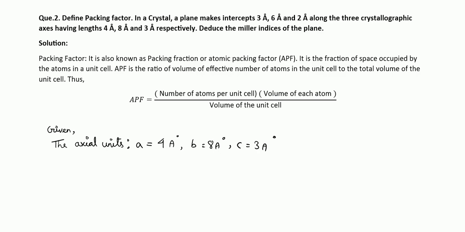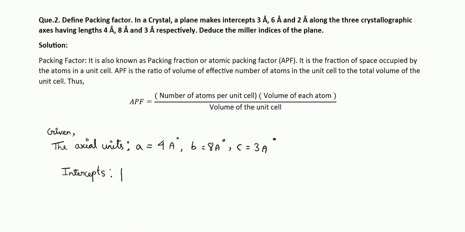Now the intercepts are given by, let's suppose P is the intercept along x-axis, so we have 3 Angstrom equals P. Q equals the intercept along y-axis, we have 6 Angstrom. And R is the intercept along z-axis, we have 2 Angstrom.